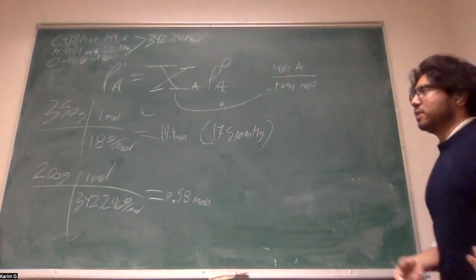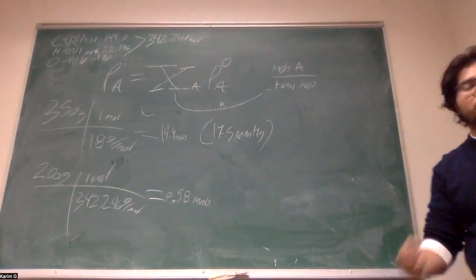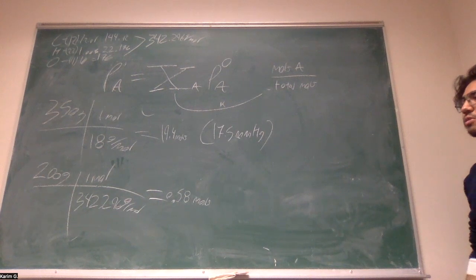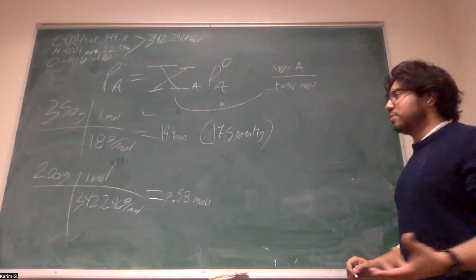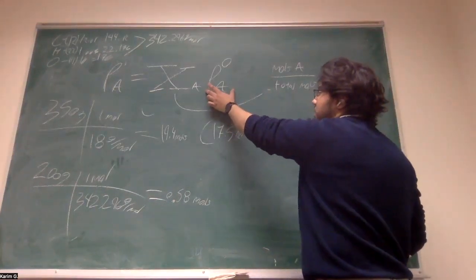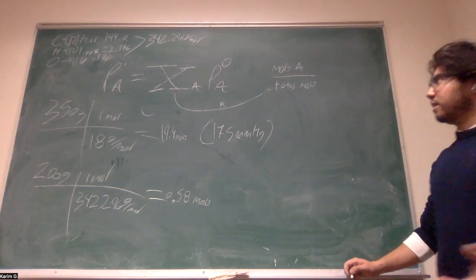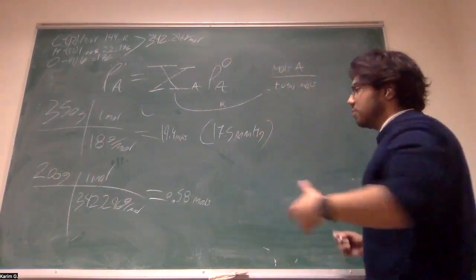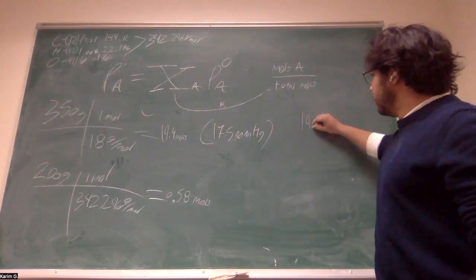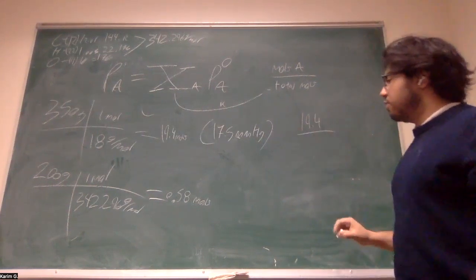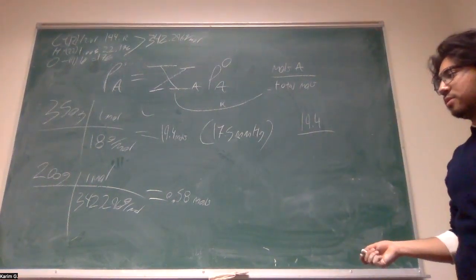Okay, now we can do our mole fraction, right? We have all our moles. So the moles of A would be the water, because we got the pressure of water, which we're going to treat as our A because it's our solvent, right? So we're going to put the moles of A, which is the moles with respect to water, over the total moles.